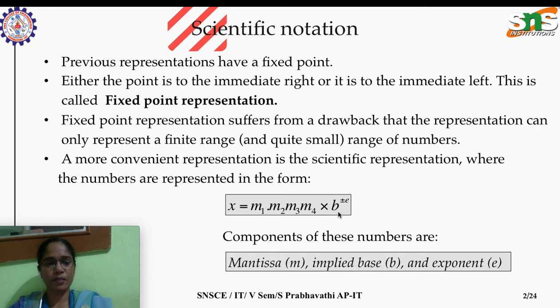For the decimal system the base is 10, and for the binary system the base is 2, since it has only zeros and ones; only two numbers are allowed in the binary system. The power is the exponent, which can be both positive and negative. This is how we represent numbers in floating point. Real numbers we can represent in this manner, the scientific notation.